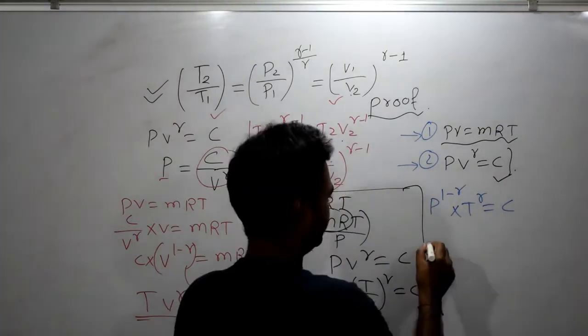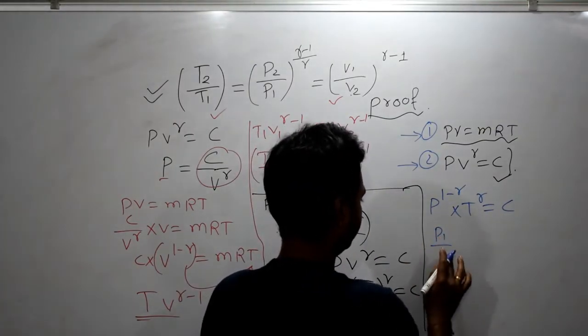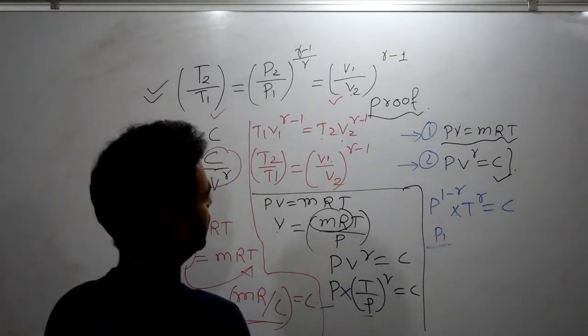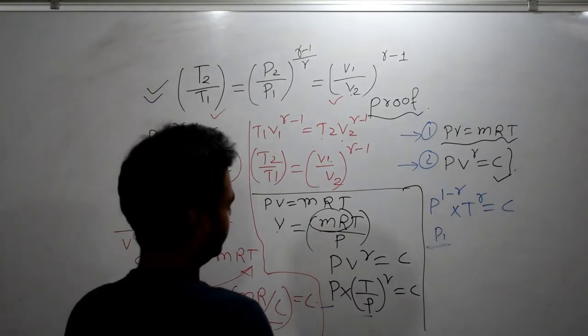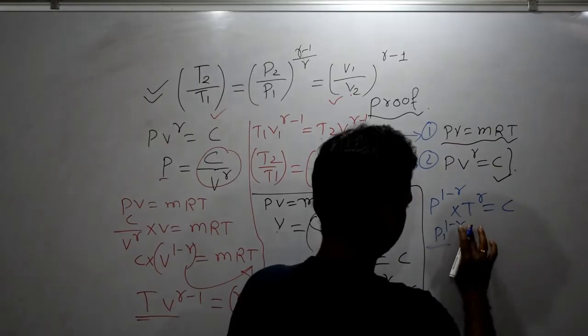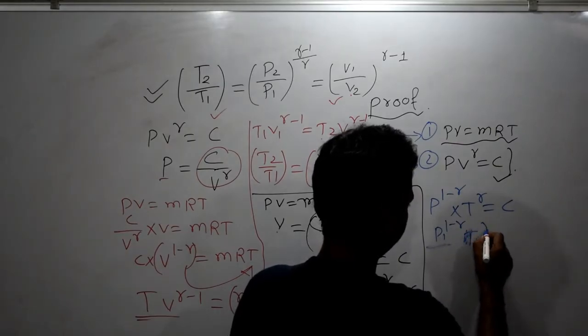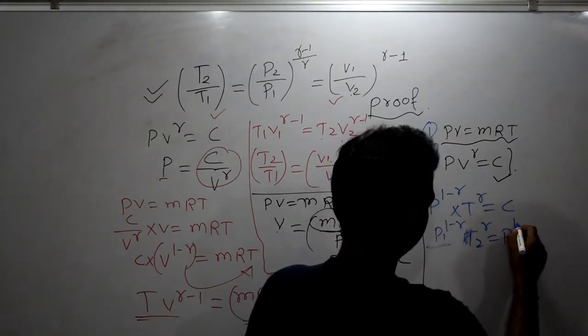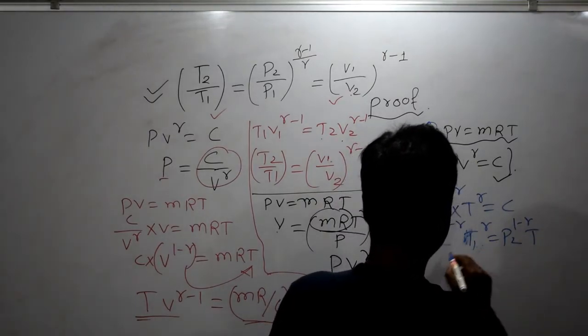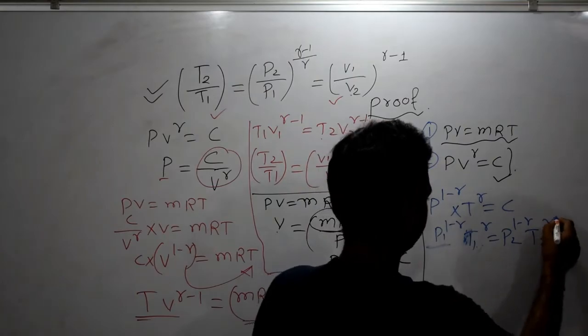Now again we can write P1^(1 - gamma) T1^gamma is equal to P2^(1 - gamma) T2^gamma.